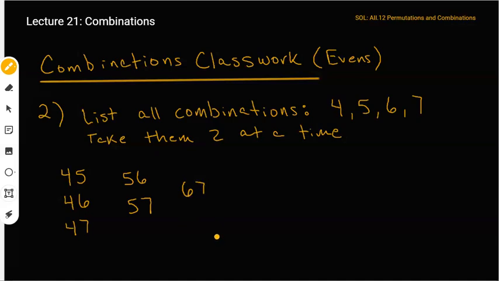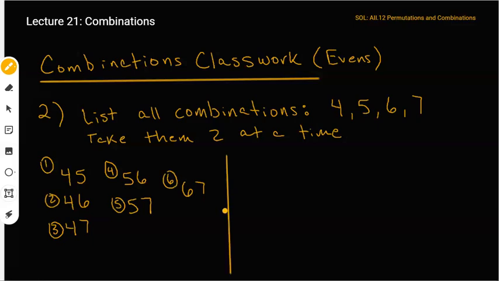So how many combinations do I have in total? I have 1, 2, 3, 4, 5, 6. So there are 6 different combinations that you can make. Notice that I'm not changing the order.